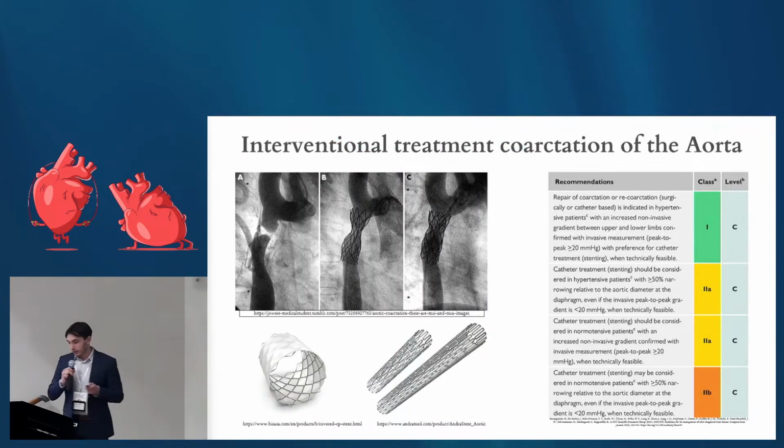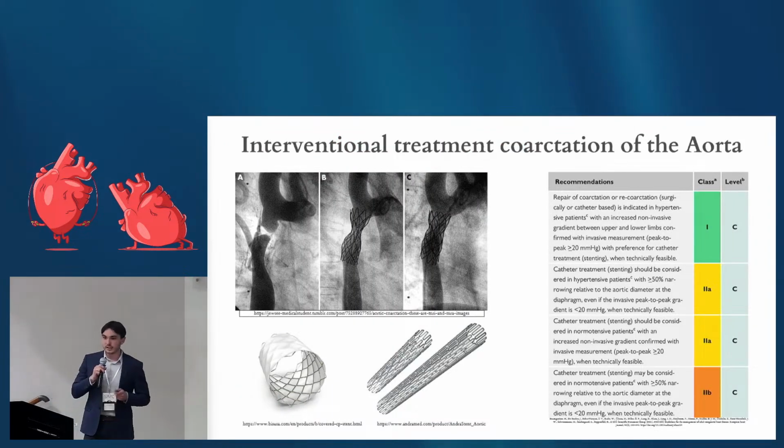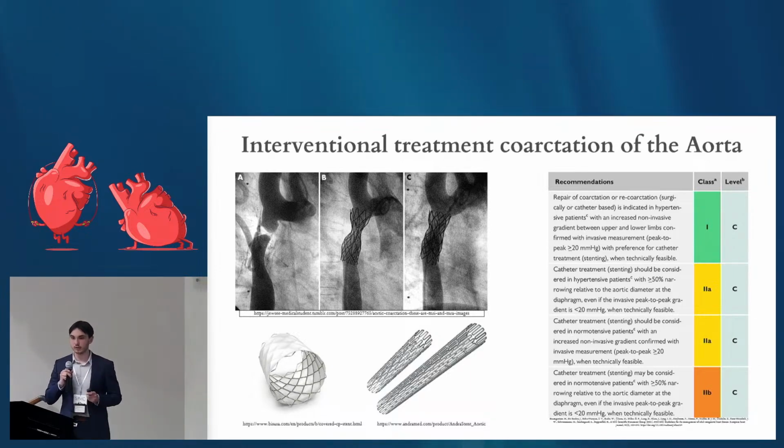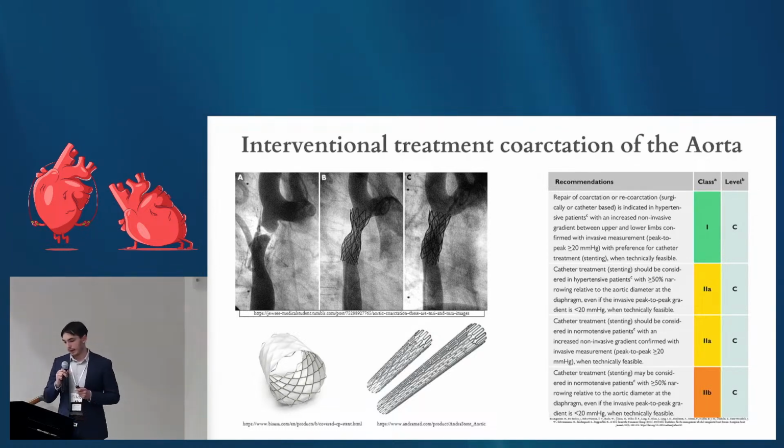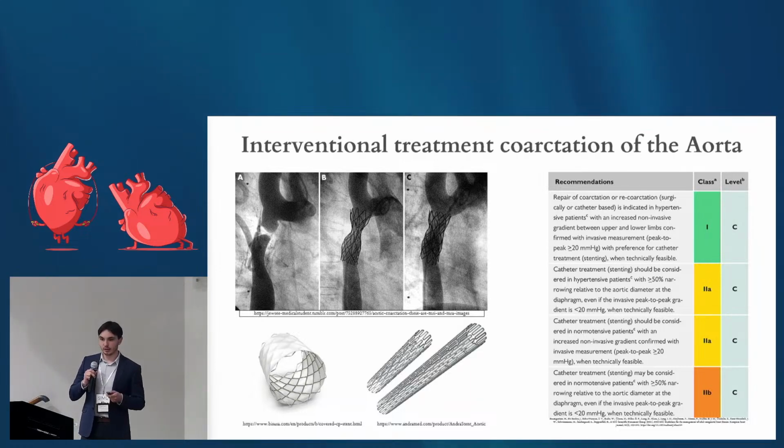And those patients, after echocardiographic assessment, if the peak-to-peak gradient across the coarctation narrowing is greater than 20 millimeters of mercury, are qualified for percutaneous stenting of native coarctation of the aorta.